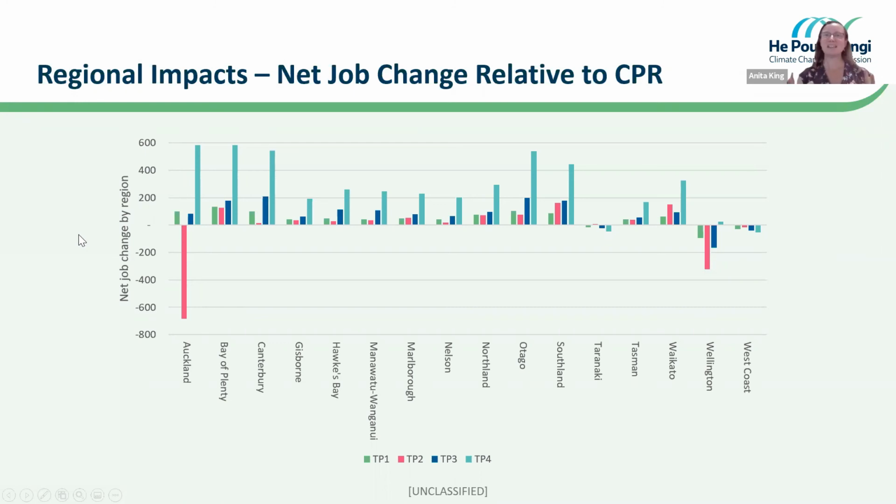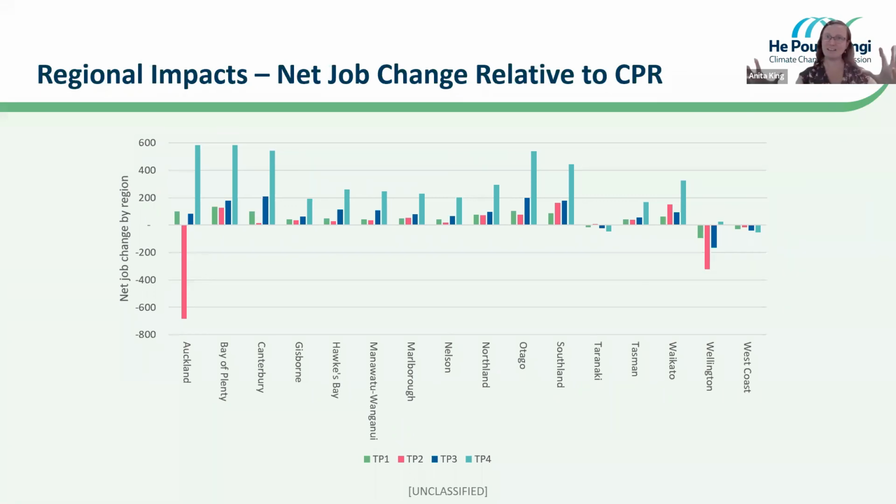So what that is, we take each industry. Let's use services as an example. First of all, we take each industry, we compare that to our current policy reference, we find the difference between them. And with the difference between them, we find out how many of those people are in which region.